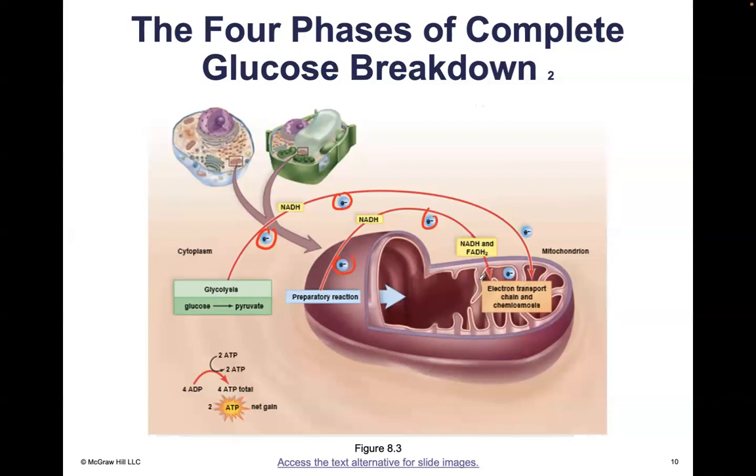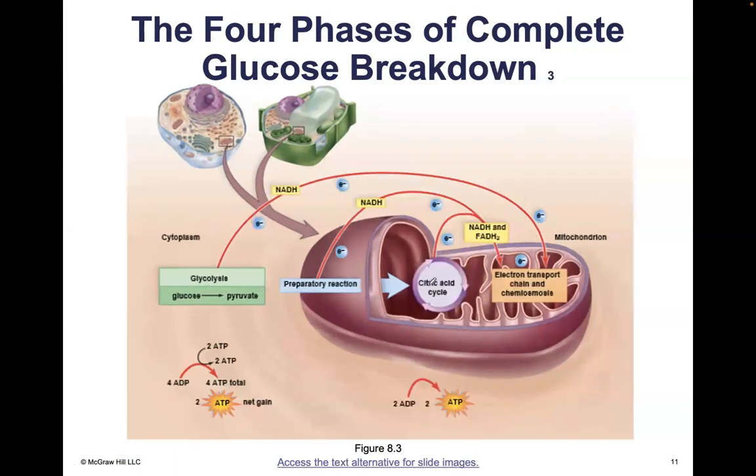These electrons are taken into the electron transport chain to be used later on for chemiosmosis. This reaction produces NADH, and also FADH2, which need to be used in the electron transport chain reaction.